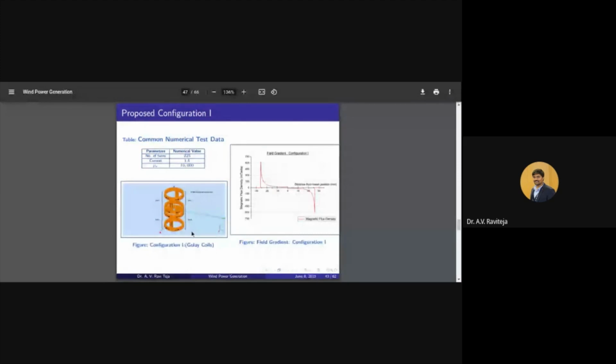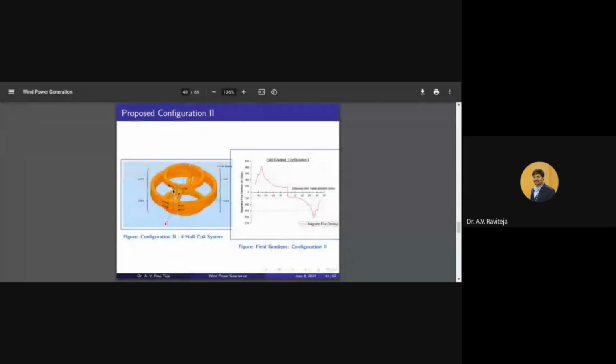First, we tried with coils, but here if you see, the flux change is at the ends. So if the mast vibrates from here to here, 30 mm to 30 mm, then only it will see a change. Otherwise it will see flat. So it will not generate any voltage, right?